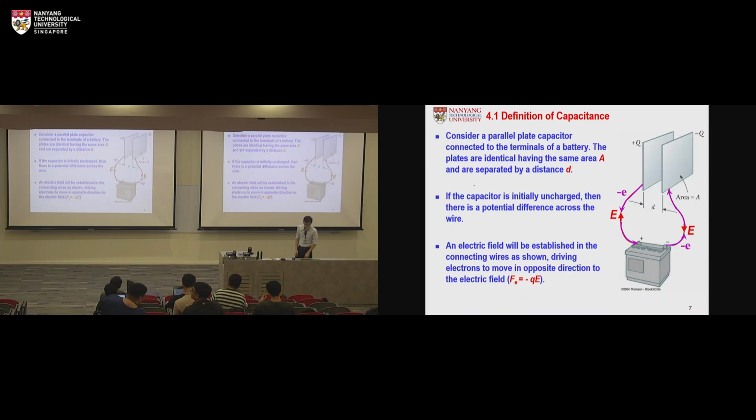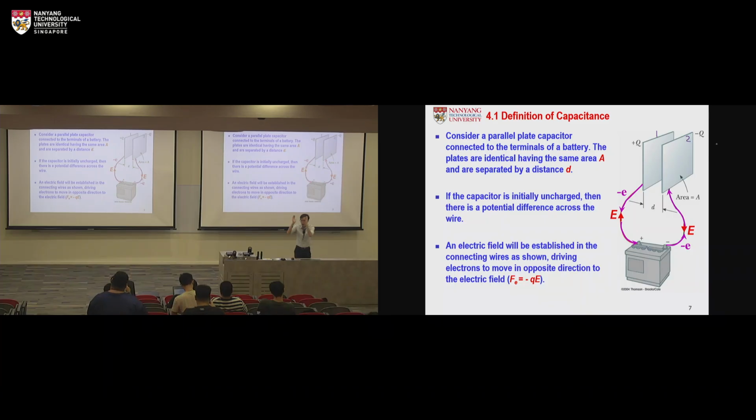The most important part when it comes to a capacitor is you need to understand how the charging is done, based on the electricity physics we discussed so far. So let's say we look at this kind of capacitor: two metal plates, plate 1 and plate 2.